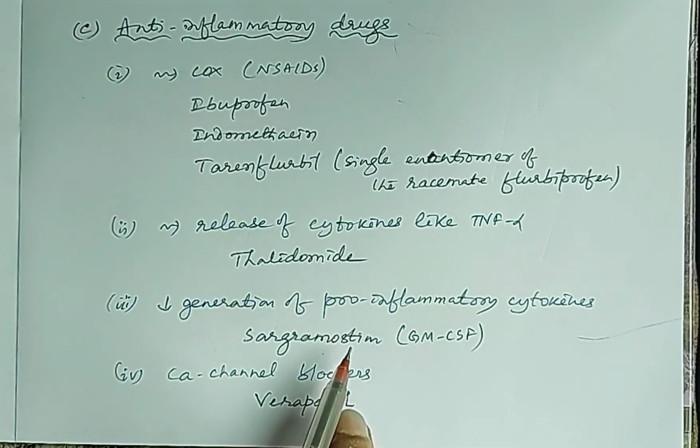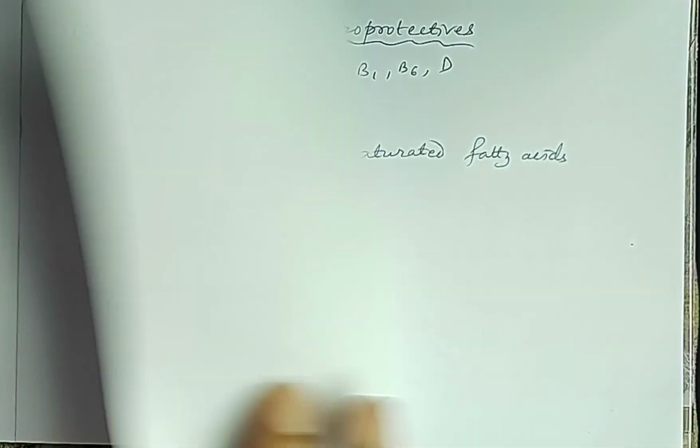And sargramostim, already discussed, also can decrease the generation of pro-inflammatory cytokines. And now some of the calcium channel blockers like verapamil are also showing anti-inflammatory functions and are repurposed against Alzheimer's disease.